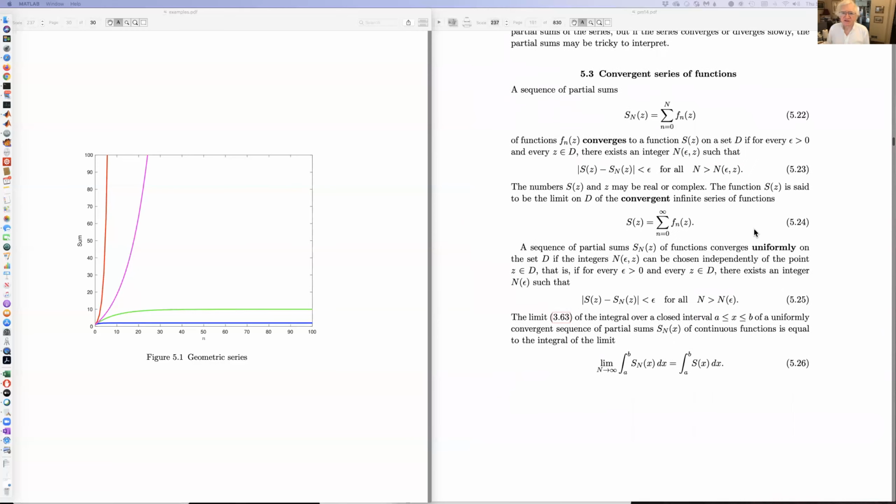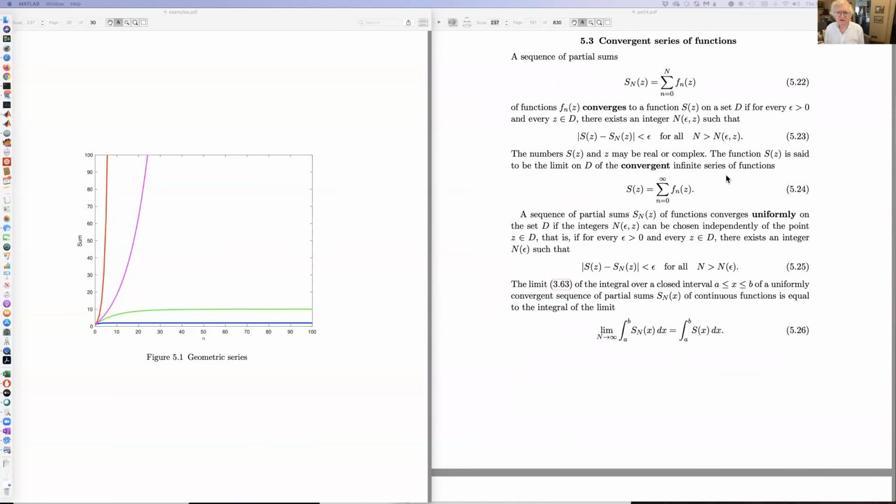All right, so convergent series of functions. Well, it's very much like just a series of numbers. You have a sequence of partial sums where you are summing up these functions, f0, f1, f2 of z. And the sequence of partial sums converges to a function on a set D if for every epsilon greater than 0, every complex number z in D, there exists an integer depending on epsilon and z, such that the limit minus the partial sum is less than epsilon for n greater than n of epsilon and z.